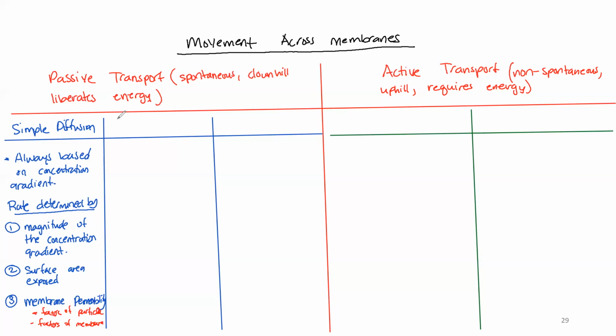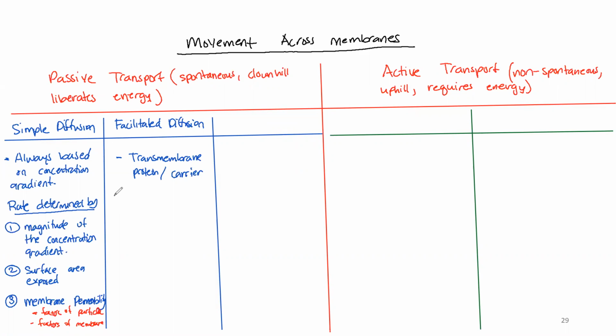The second thing was facilitated diffusion, or diffusion through carriers. This required a transmembrane protein, also called a carrier. This still obeys the concentration gradient. Really, this property, always based on the concentration gradient, applies for all three of these, okay? Although it requires a carrier, it's still going to obey the concentration gradient.